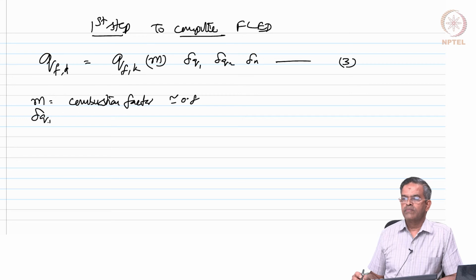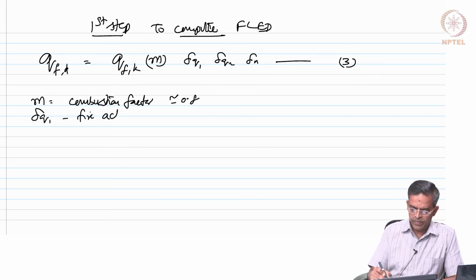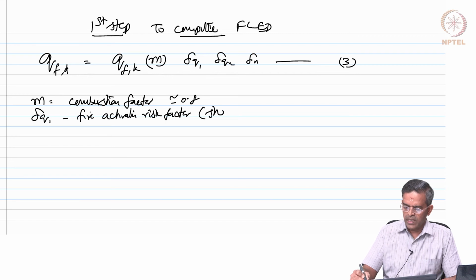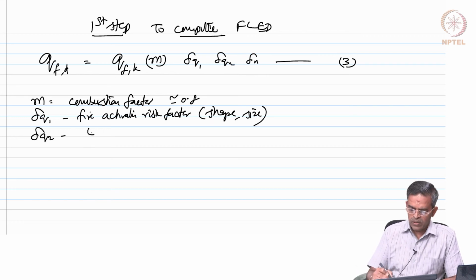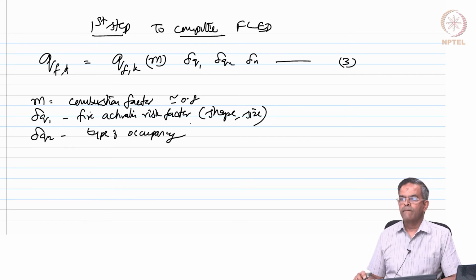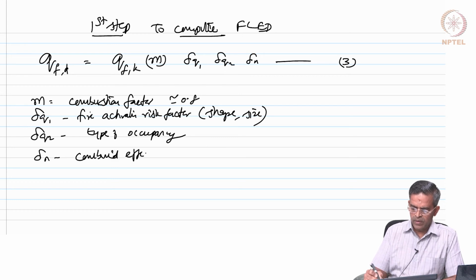Del Q1 is a fire activation risk, which depends on the shape and size. Del Q2 depends on the type of occupancy, and del N is a combined effect of the above factors.